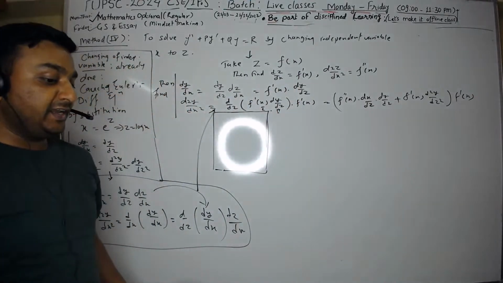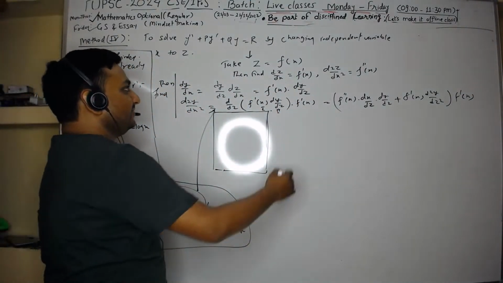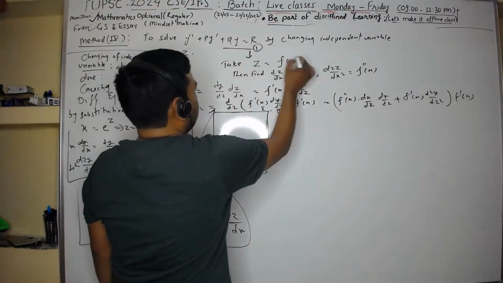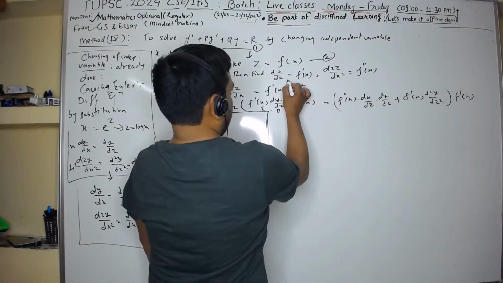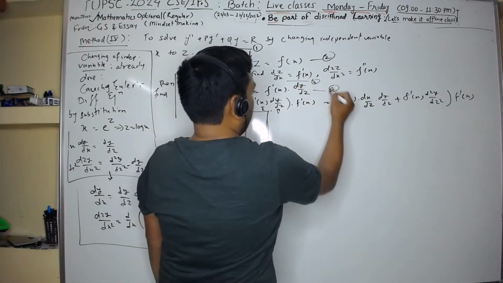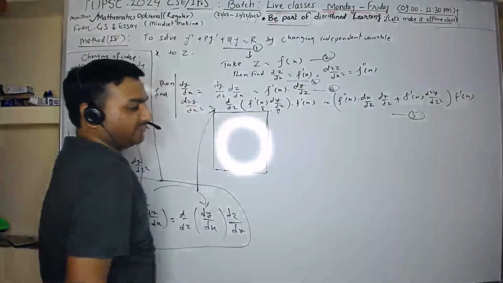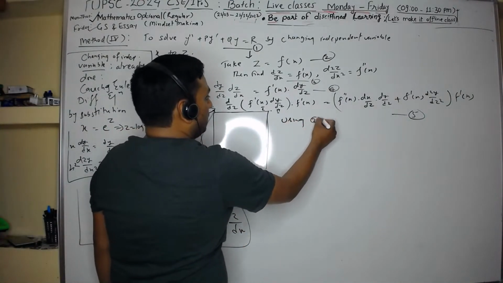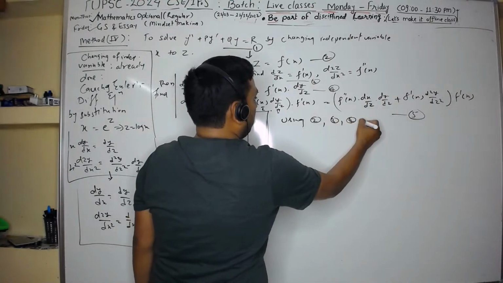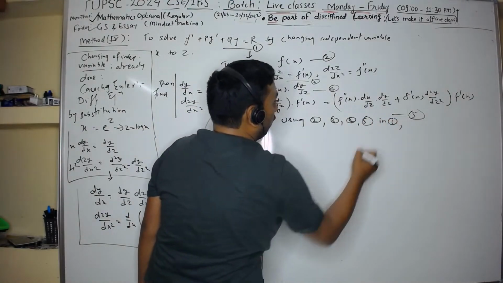Fair? Any issue? Let's say this is 1, this is 2, this is 3, this is 4, this is 5. Using 2, 3, 4, 5 in 1.